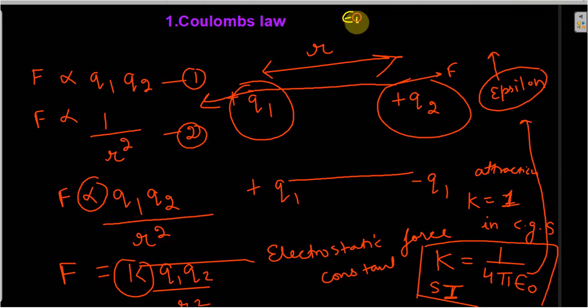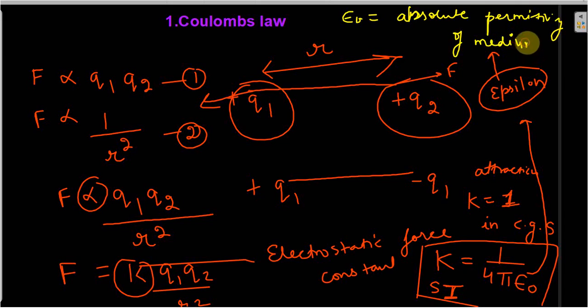Epsilon naught is known as the absolute permittivity of the medium.